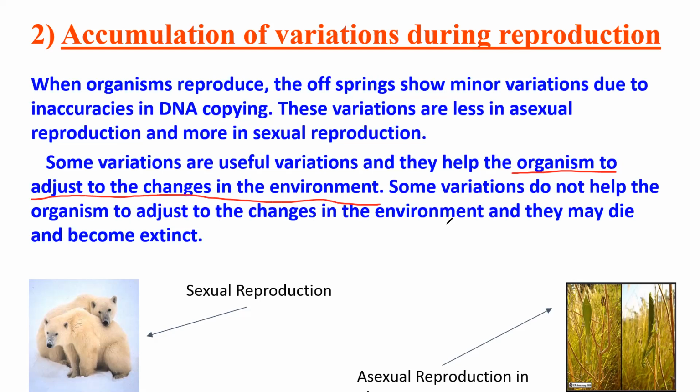Same example that we have used. It's not beneficial to all organisms, as the ones without variations will die. But the species won't become extinct because the variants will survive and reproduce and create offsprings that also have the same useful variation.